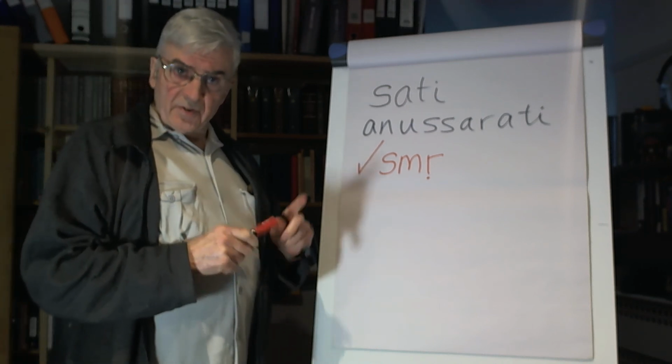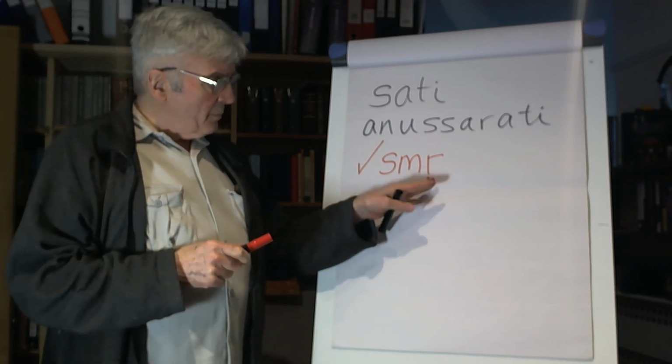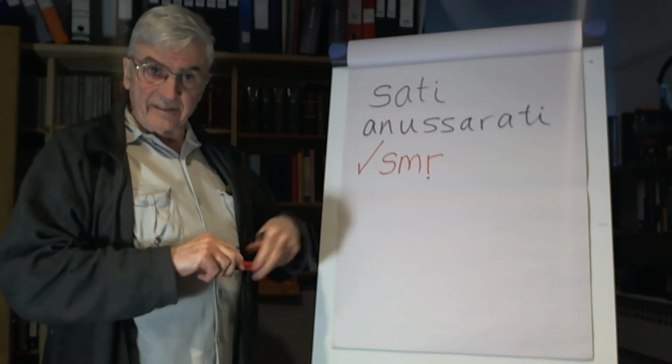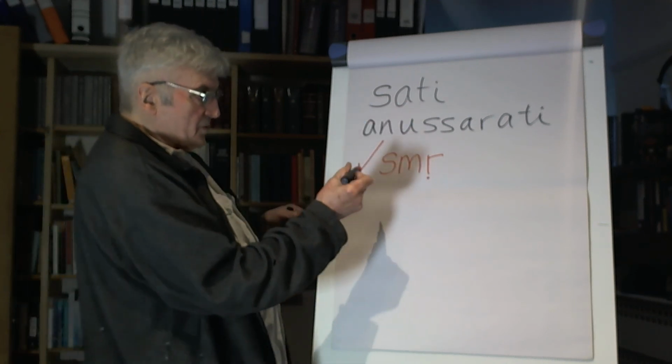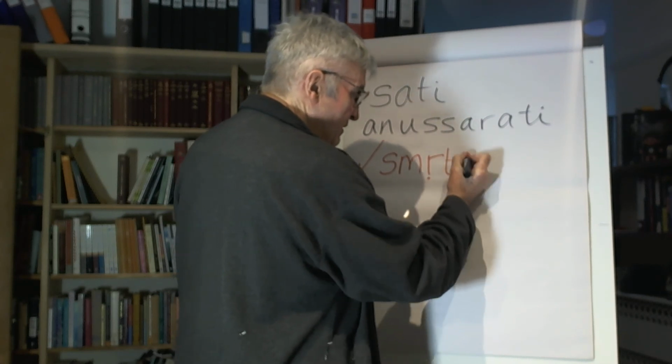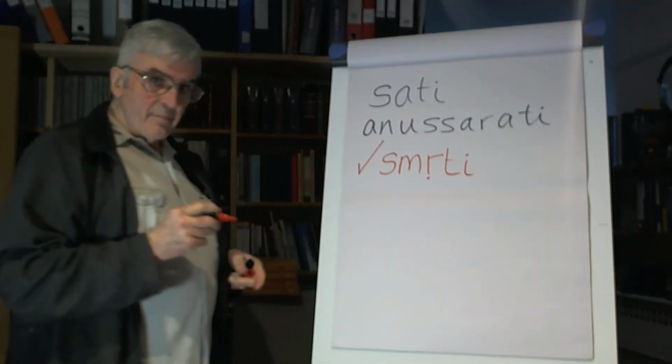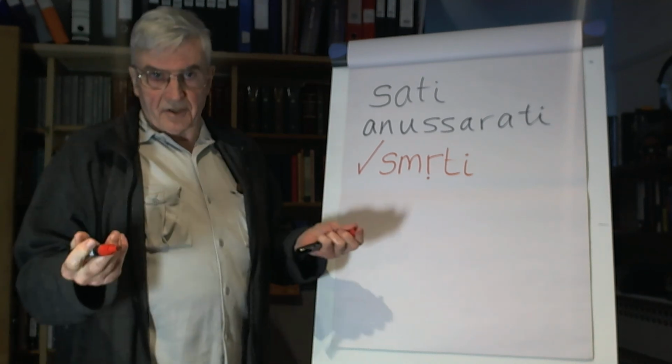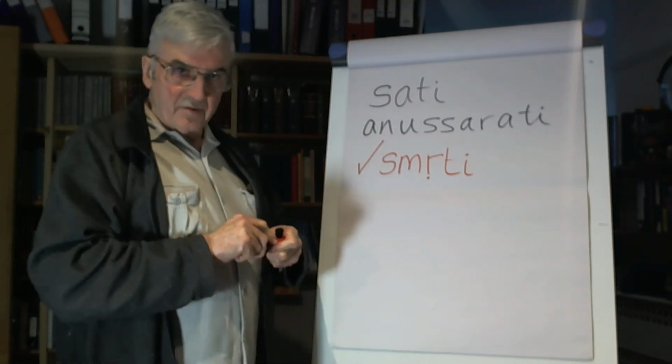And as we do with so many nouns, we form a verbal noun by adding ti to the end. So smriti means remembering, and then by extension in Buddhism it means mindfulness.